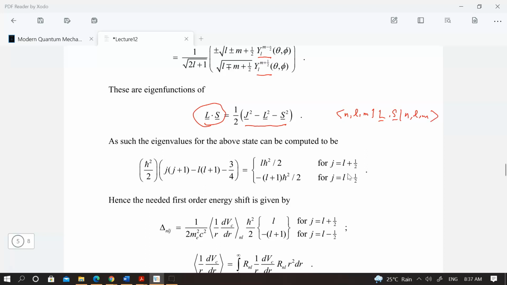This has also been covered earlier, so you might want to check back the earlier lectures. When you do the expectation value over here, you will get two different results depending on the components of your spinorial wave function.